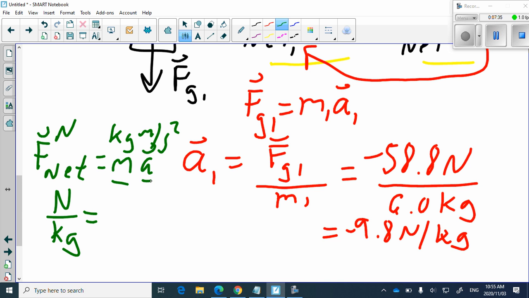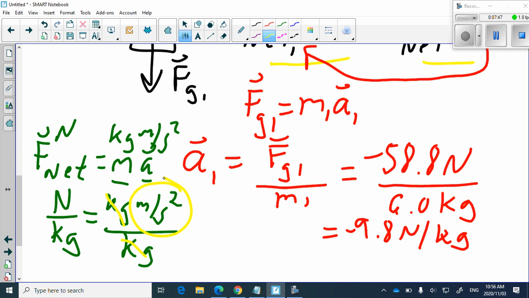So really a newton is a kilogram times a meter per second squared. But I still have a kilogram on the bottom, so they cancel out. Look what I have left. Meters per second squared, which is proving to you that a newton per kilogram is mathematically equivalent to meters per second squared.